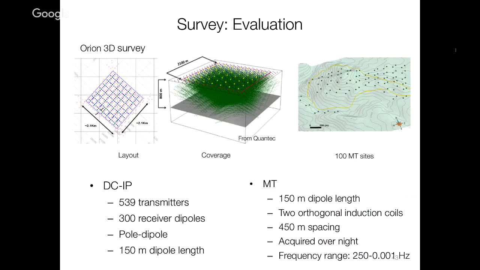Basically, you lay out a whole bunch of electrodes, and then you take pairs and use them as current transmitters, and you use other pairs to measure voltages. So here we had about 500 odd transmitters and 300 receiver dipoles.